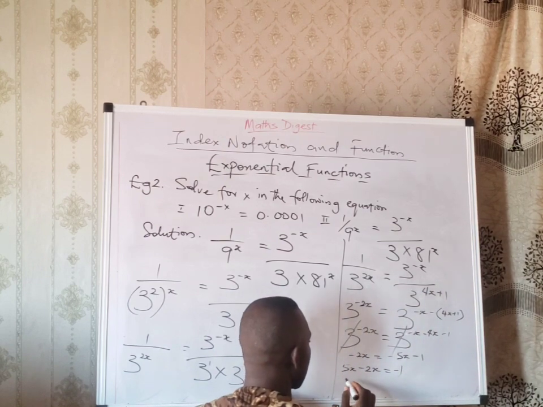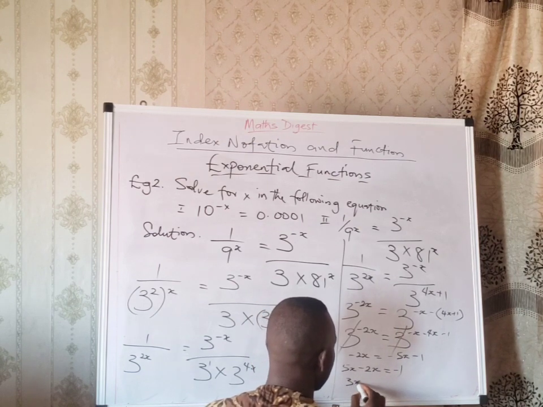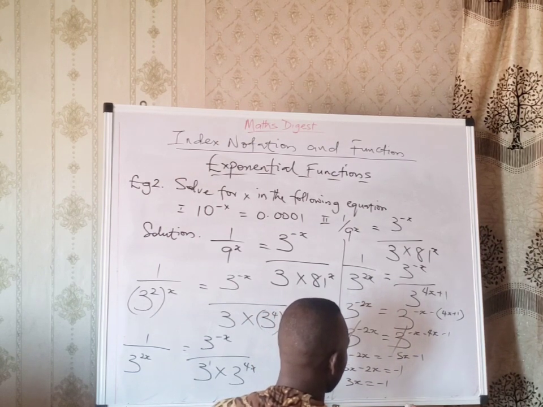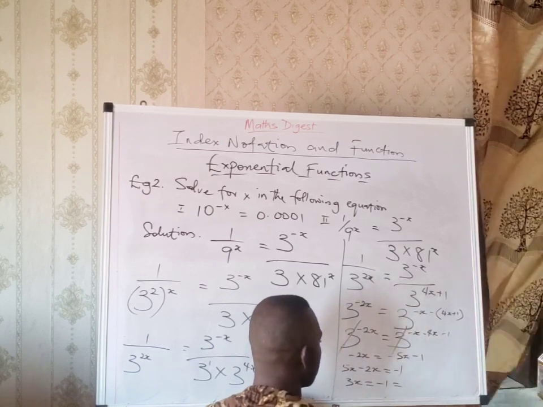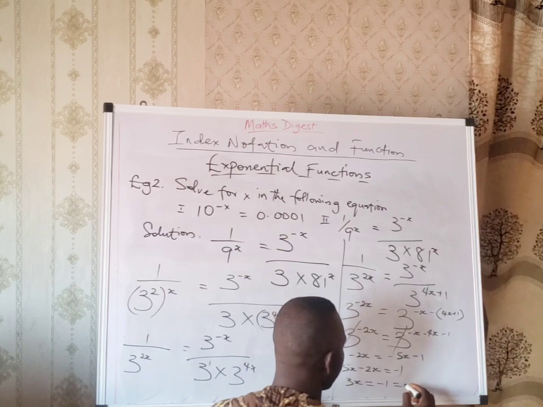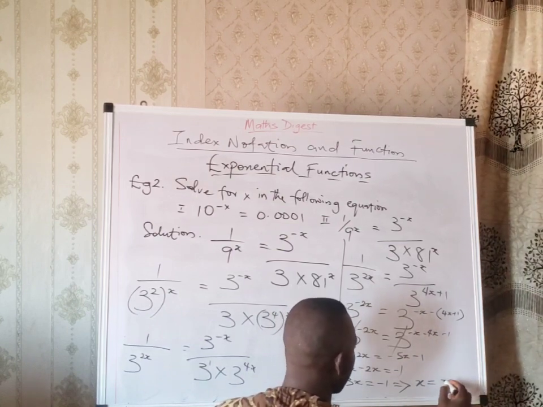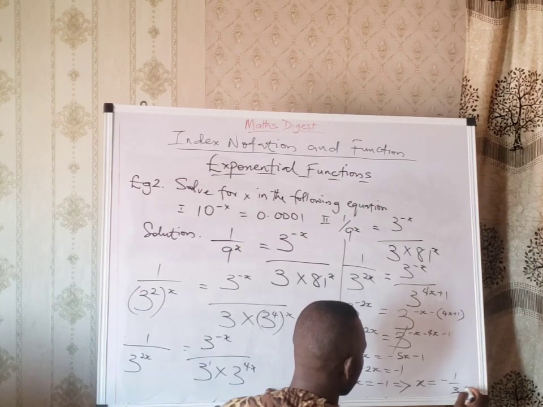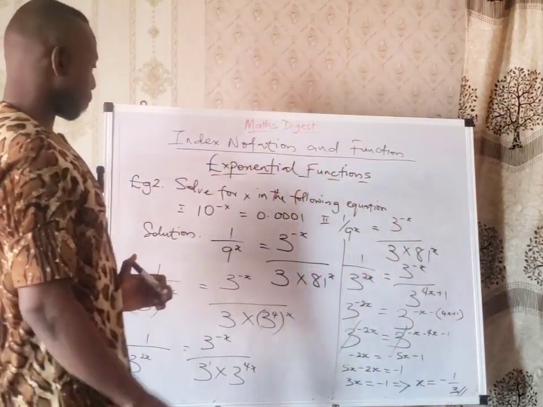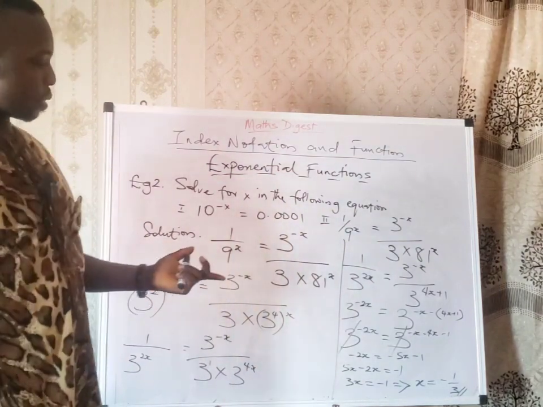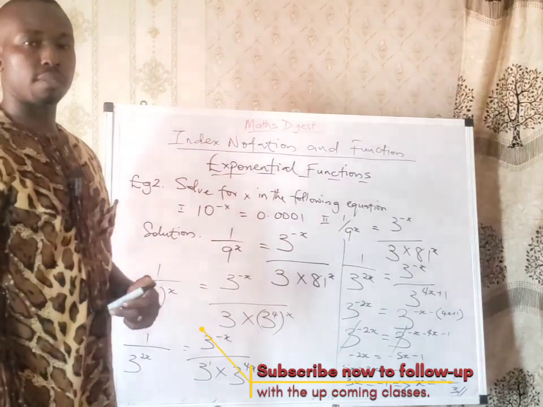So this will now give you 5x minus 2x is what? 3x equal to minus 1. Dividing both sides by 3, we have that x is equal to minus 1 over 3. So this is the final answer. Okay, so the answer is x equal to minus 1 over 3.